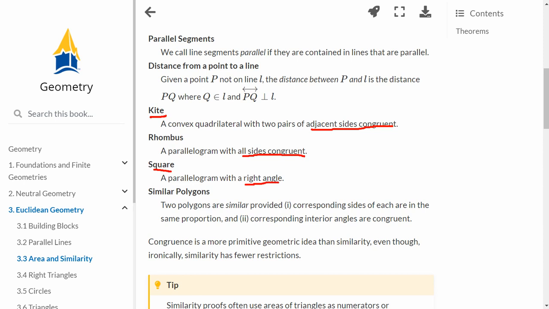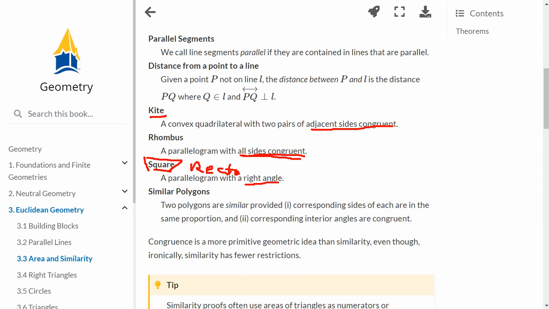Now, of course, it has 4 right angles, but the definition just says any parallelogram that has a right angle. Wait, I'm sorry, that's wrong. This is a rectangle. I'll have to change that in the notes. I'll get that done in a minute. Sorry about that. A square is a rectangle that's also a rhombus.